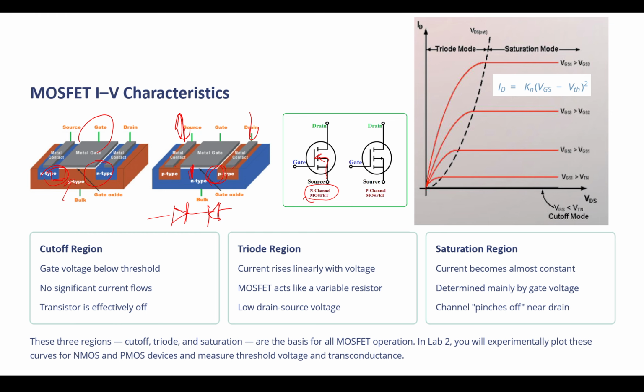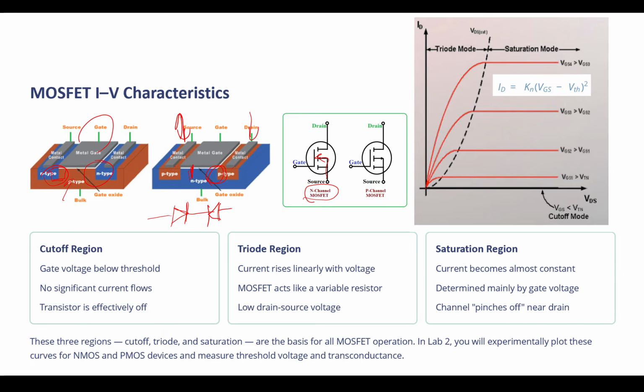That state of work we call cutoff, because there is no current going through. On that condition, when you don't have any voltage or any type of signal on your gate, there is no current.